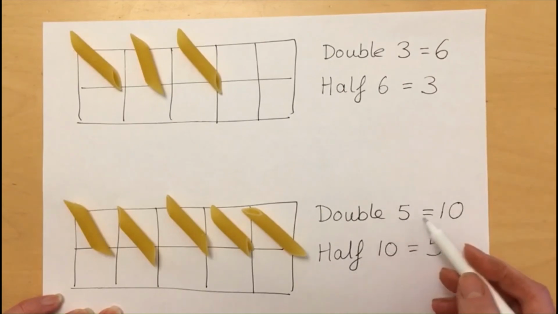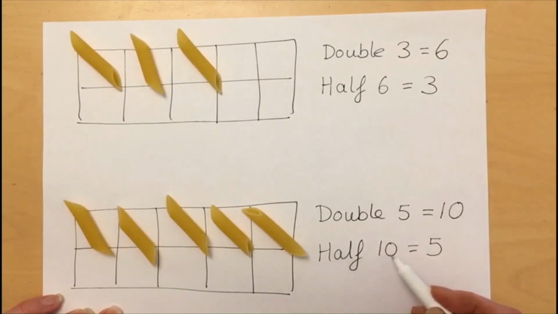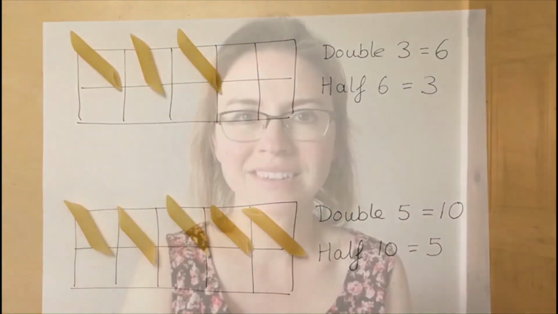So double 5 equals 10, half of 10 equals 5. So what have we found out about doubling and halving? Well, doubling is the opposite of halving, and halving is the opposite of doubling.